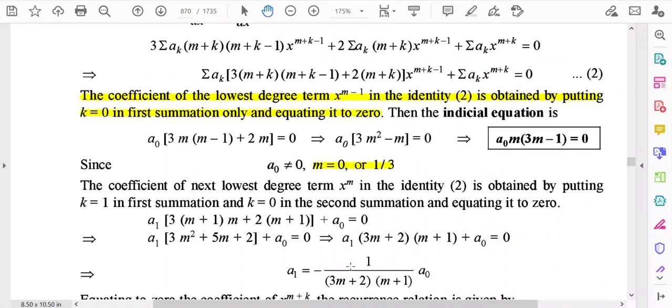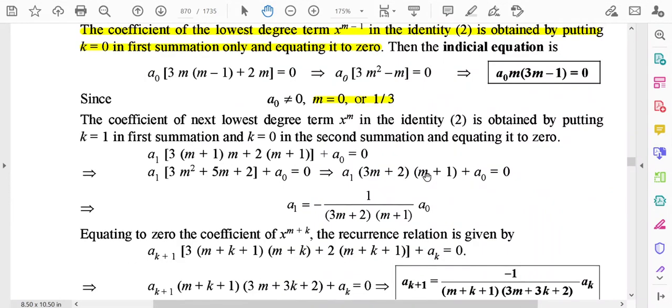For the first term, if we want to make it m plus k, what we have to do is put k plus 1 in place of k, then it will be m plus k. So in the first summation, we will put k plus 1 in place of k, and for the second term we have to do nothing, because it is already x to the power m plus k.